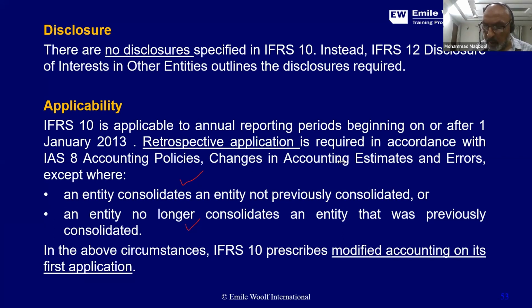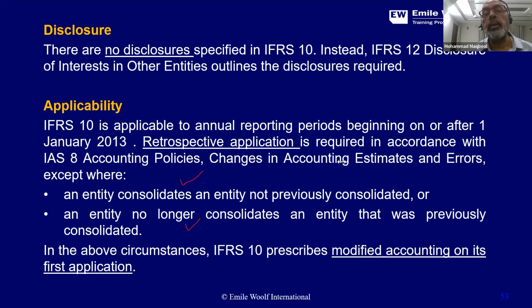That percentage totals to 70 for the net profit share, and 30 for the other comprehensive items share, and the total comes to 100. That 100 will be added to 500. If no dividend is given, then your equity method amount will be 600. If a dividend of 50 is given, then 50 will be reduced from there, and 550 would then be the equity method amount.